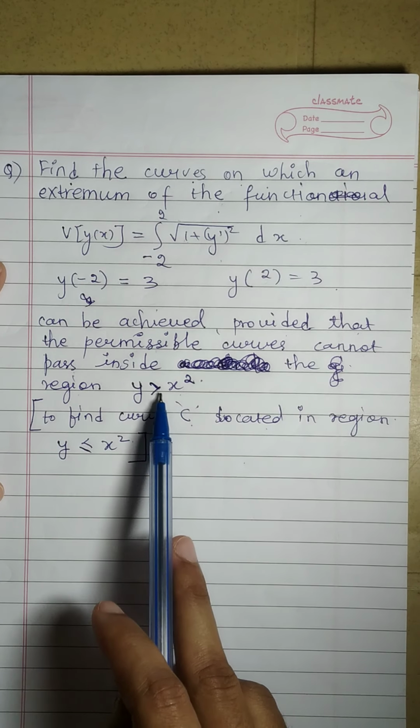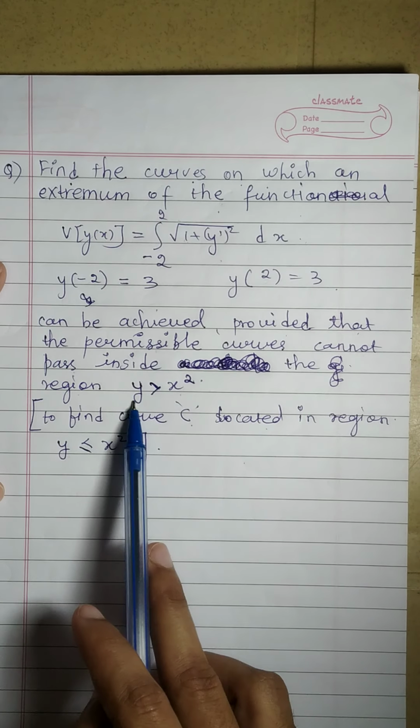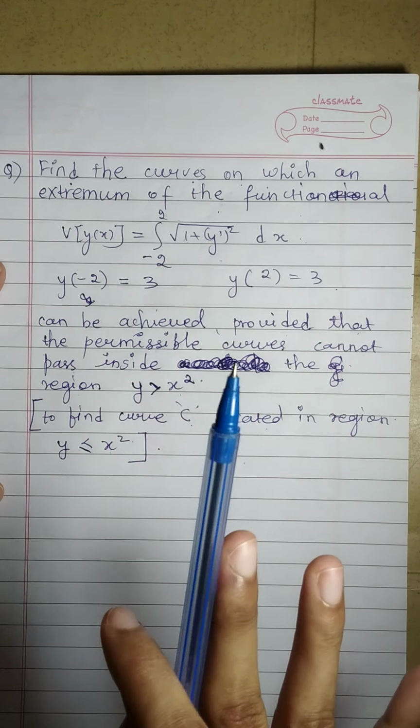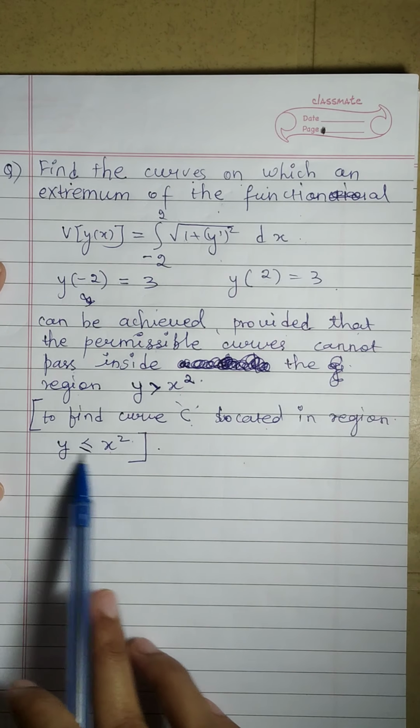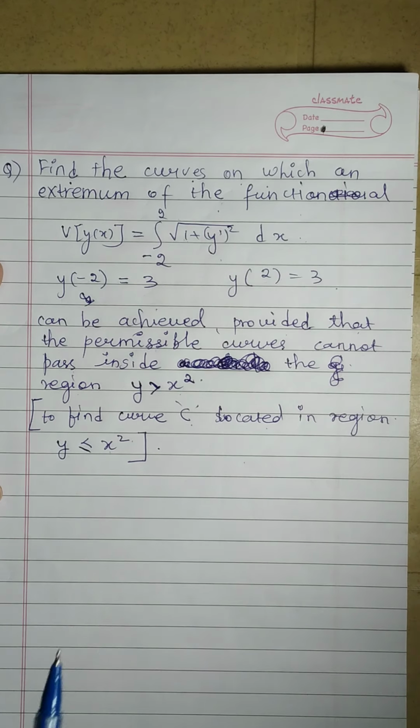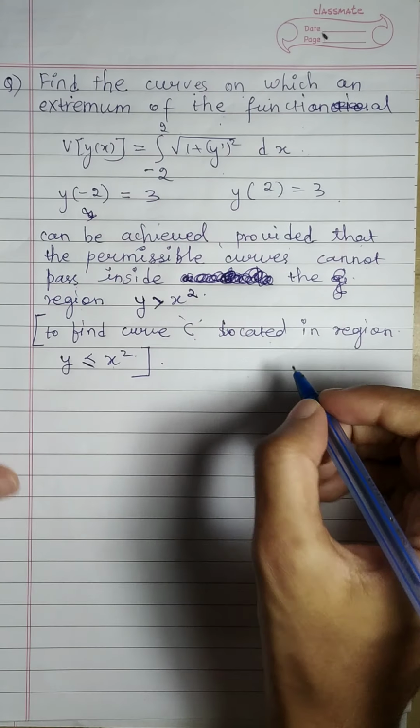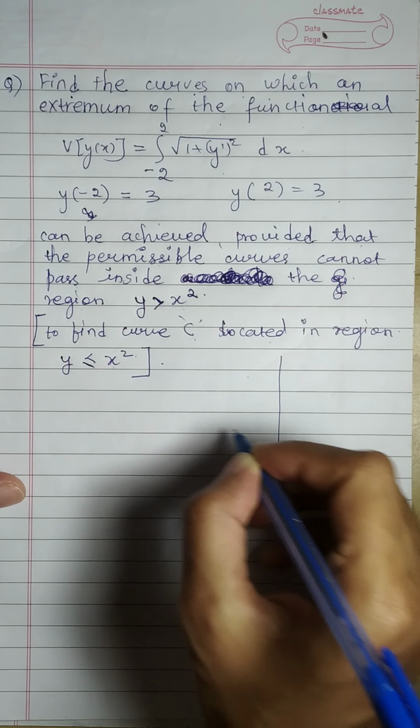I have taken the complement of this, so it is not allowed to pass through this region. Whatever that curve is, it should lie completely in this region.